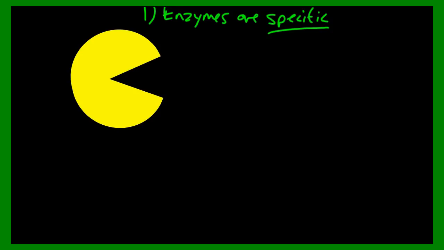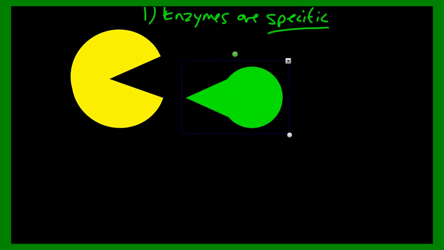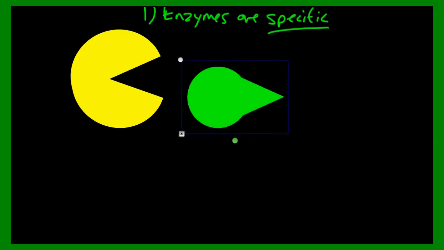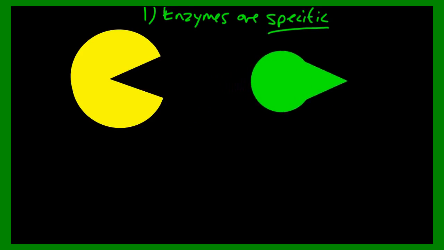Let me give you an example. Here is a molecule. If this was a molecule, and this was its enzyme, if this was the substrate right here, which I've selected in that blue box, and this is the enzyme, we're going to call him Pac-manase, because enzymes often have an ACE ending.